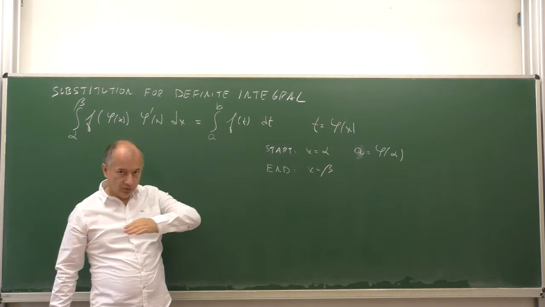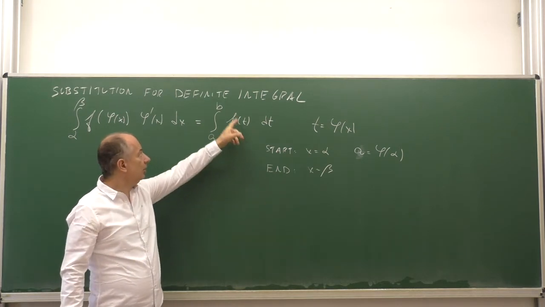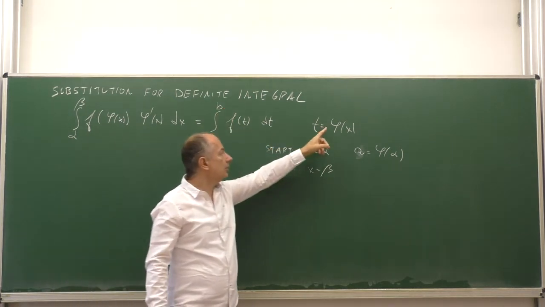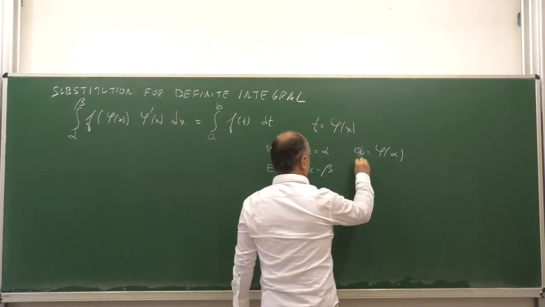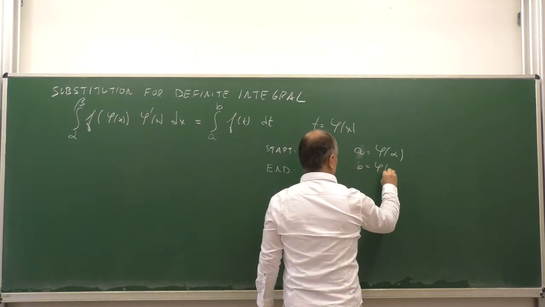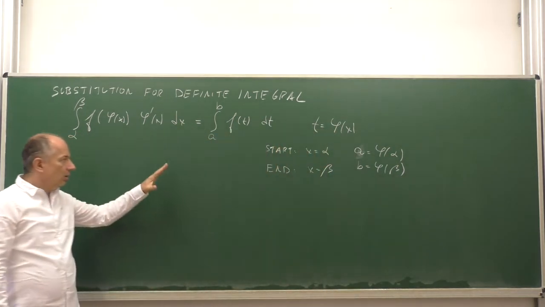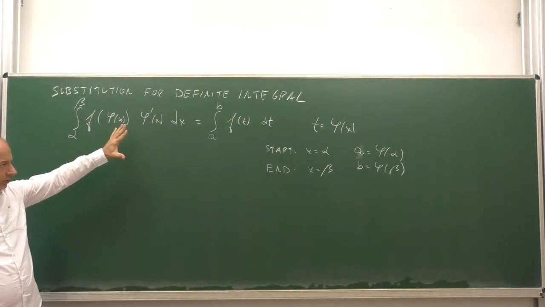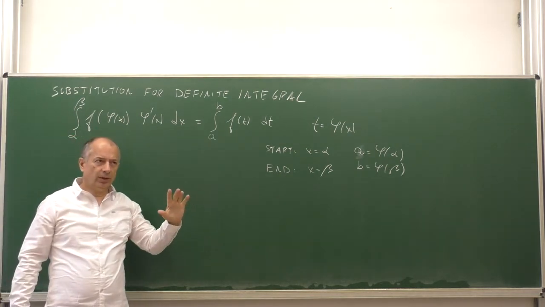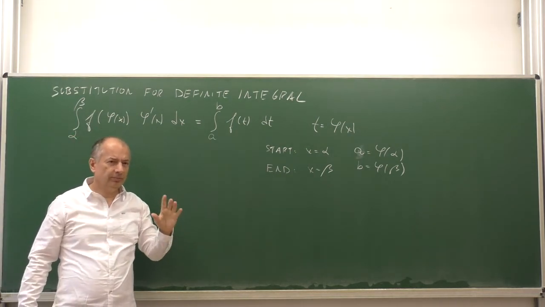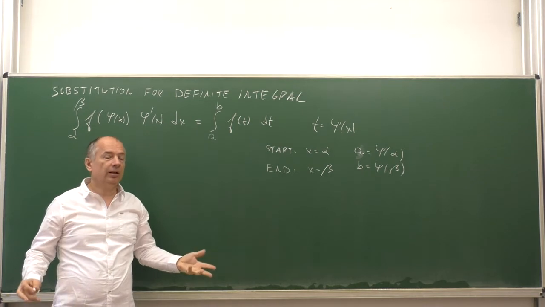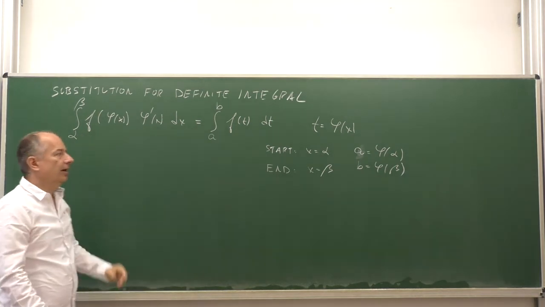And when x goes up to beta, then t goes up to b, which is phi of beta. Well, written in this form is pretty difficult to understand, at least for the beginners.